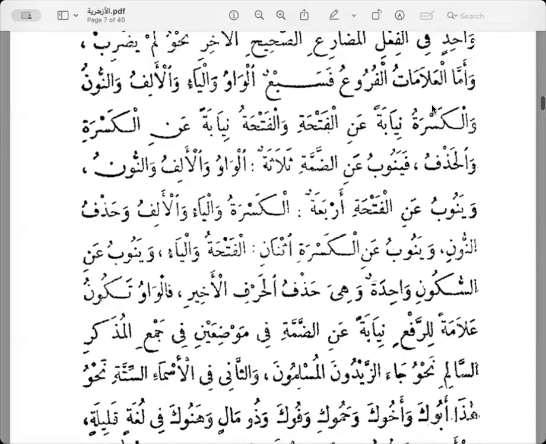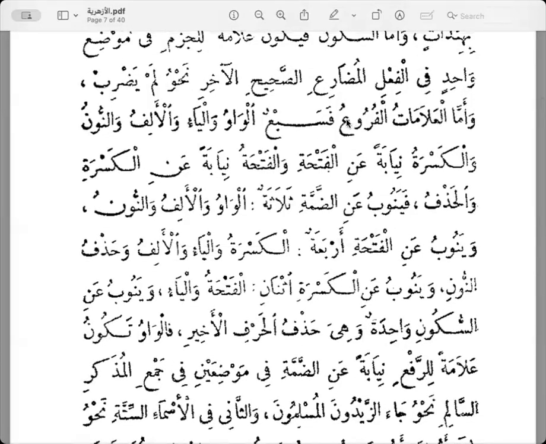وأما العلامات الفروع فسبع: الواو والياء والألف والنون والكسرة نيابة عن الفتحة، والفتحة نيابة عن الكسرة، والحذف فينوب عن الضمة. Right, ثلاثة.